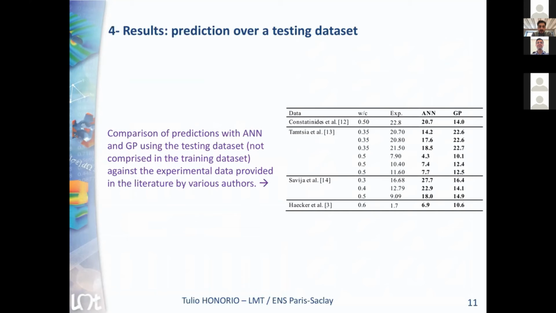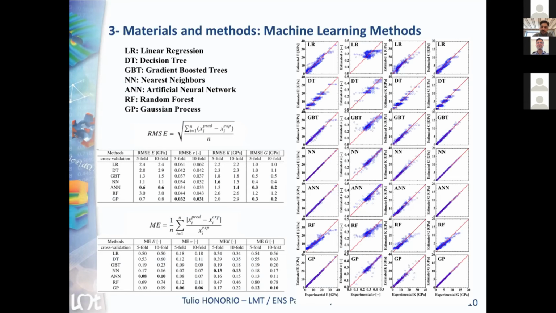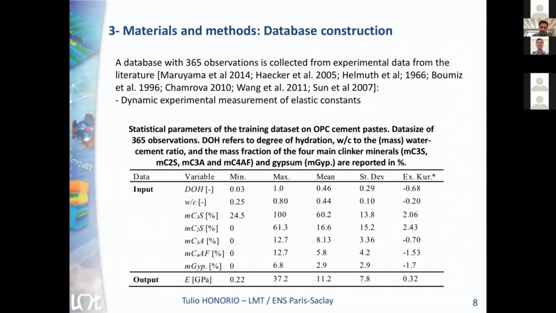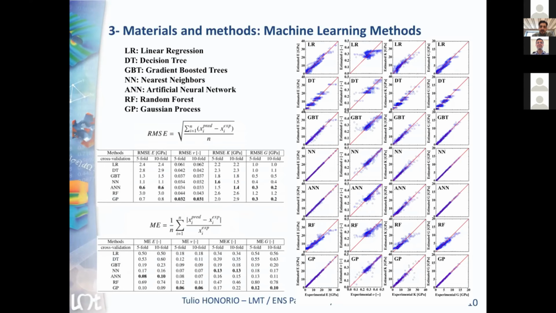So as first results, what I'm showing here are some predictions regarding observations that are not included in the training data set. So the results that I showed here were for the training data set with the 365 observations.